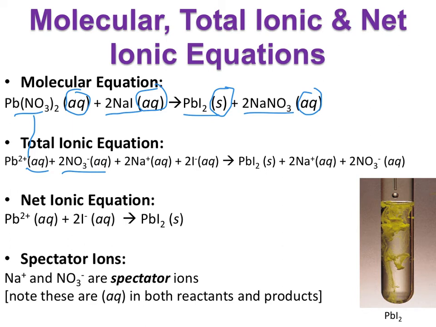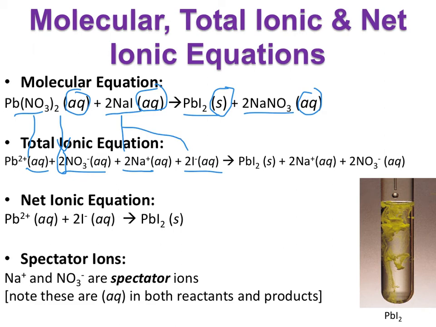And that is how it shows in the total ionic equation, with the nitrate ion having a coefficient of 2. The two sodium iodide molecules split into 2 sodium ions and 2 iodide ions.